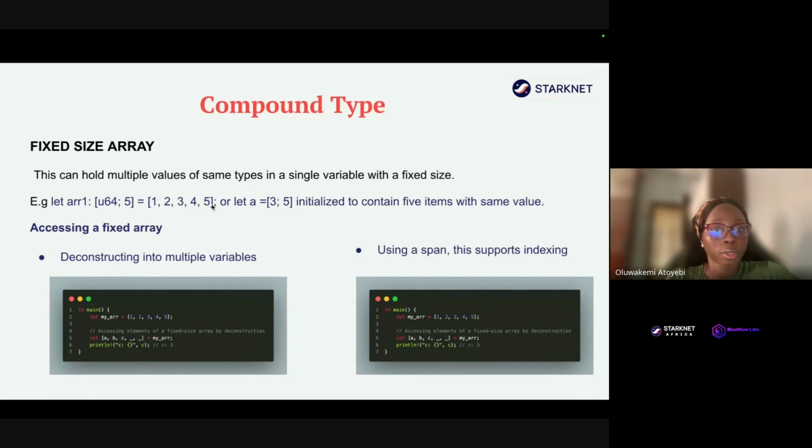You can also initialize it this way, whereby if you have the same elements, rather than duplicating the same elements over and over again, you can write it this way.